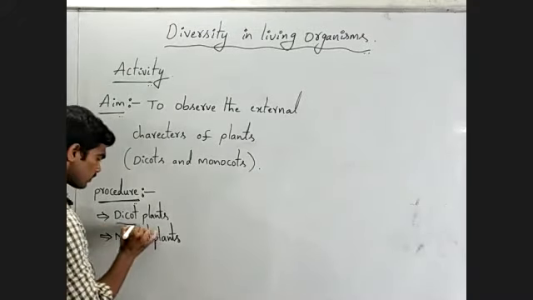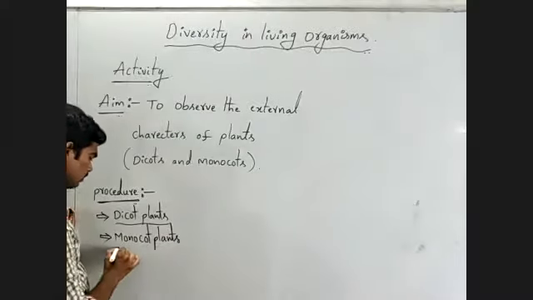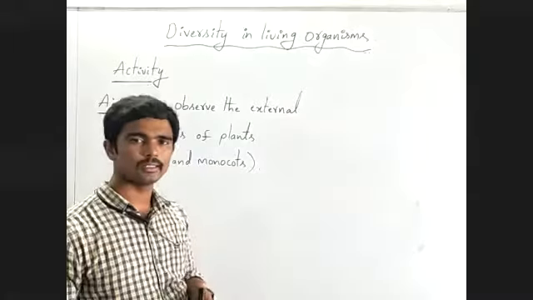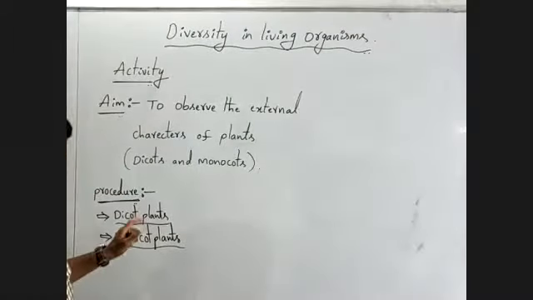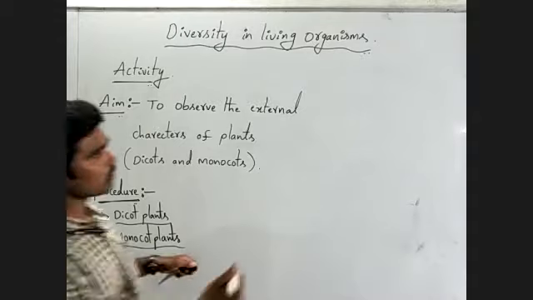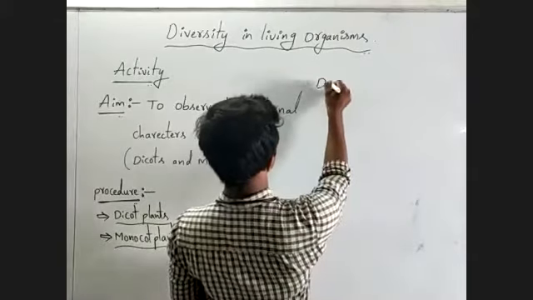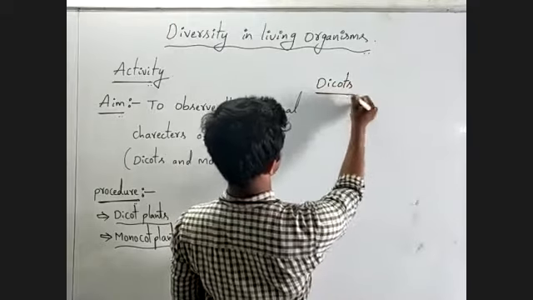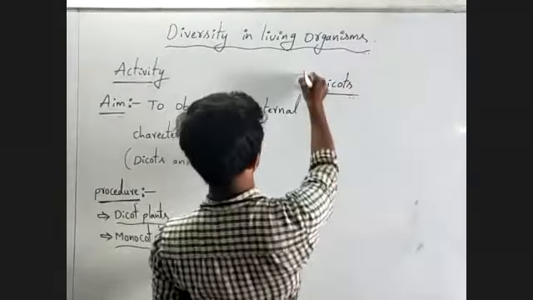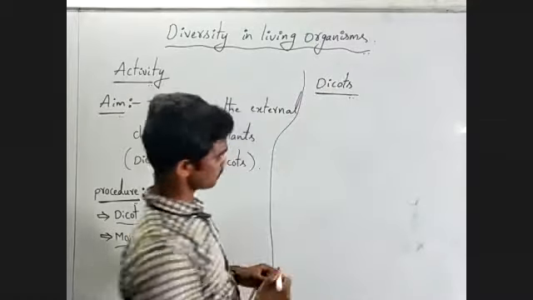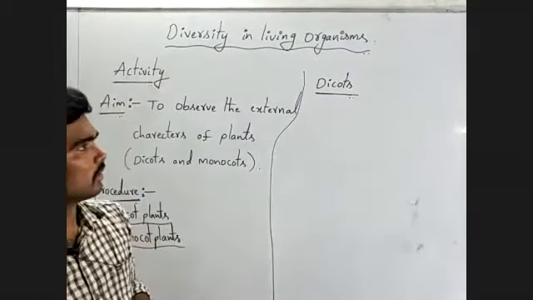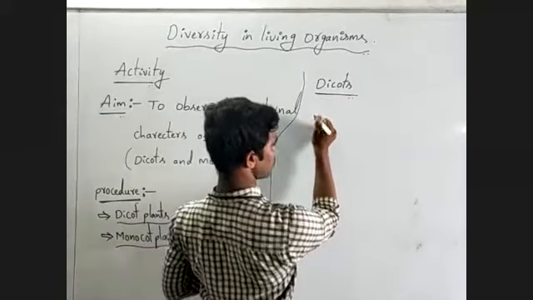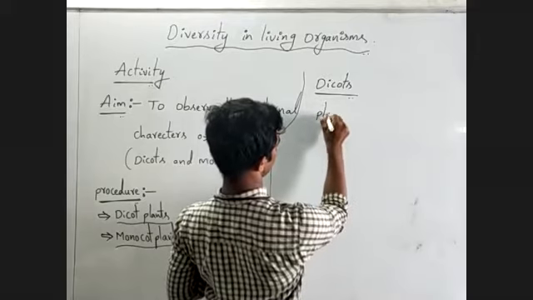What are dicots and monocots? Already we discussed these two. Dicots are one type of angiospermic plant.